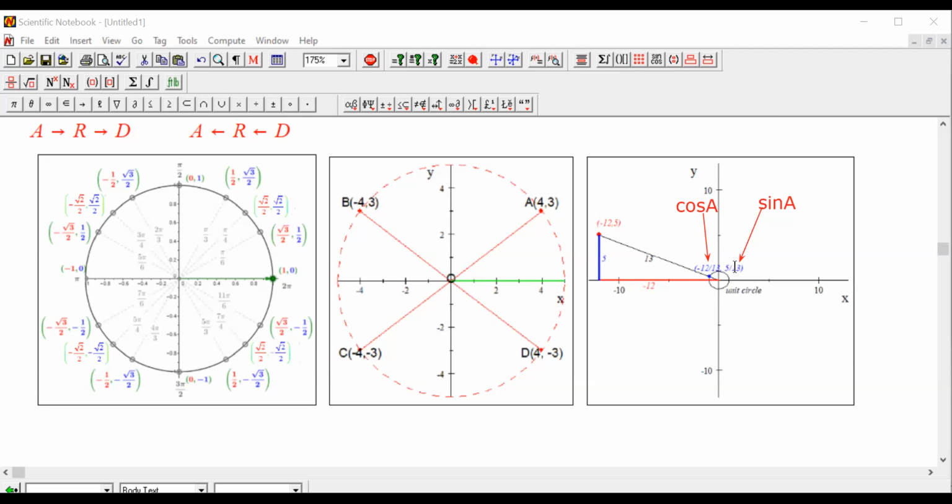And the cosine value and sine value make another point on the unit circle. Then you say, does negative 12 over 13 comma 5 over 13 have a place on the unit circle? Yes, it does. That's the point I want to make here. So this point, negative 12 over 13 comma 5 over 13, has a place on the unit circle.